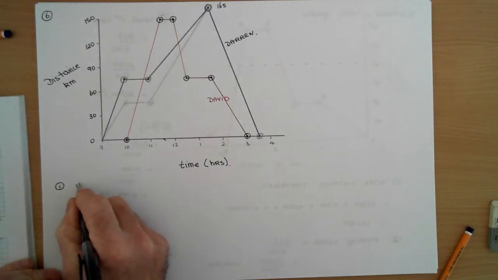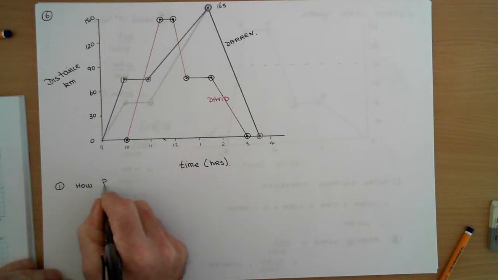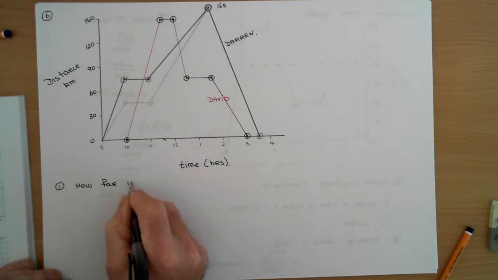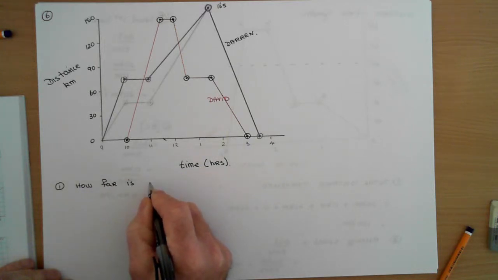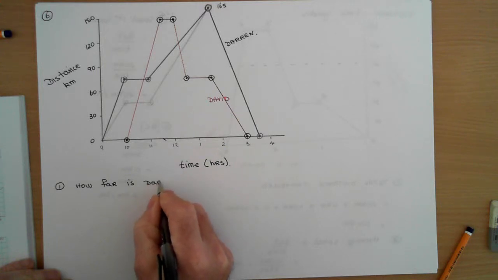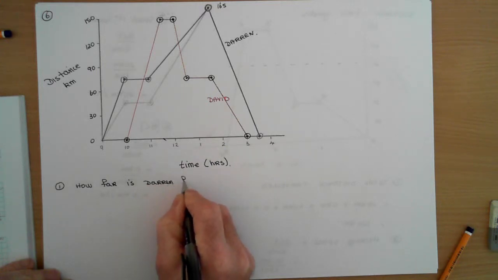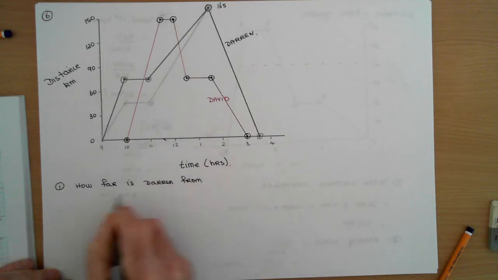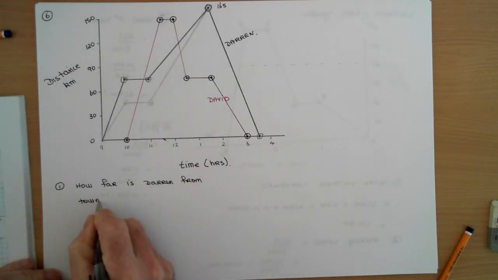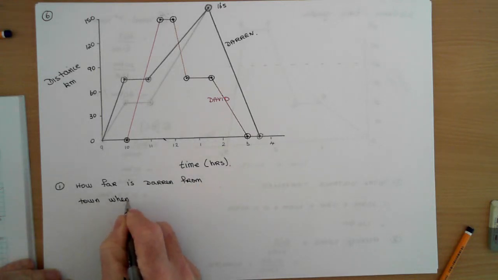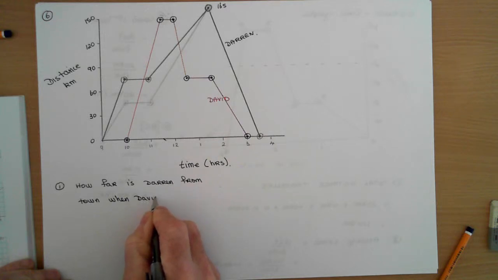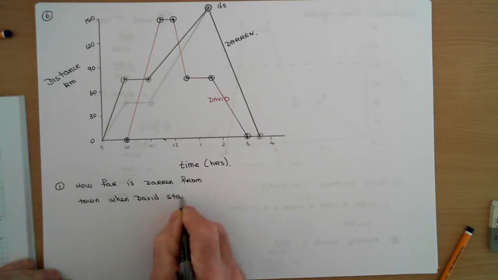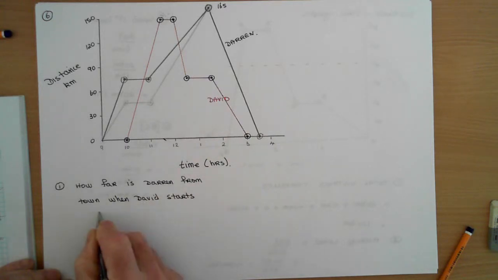The question should say, how far is Darren from the town when David starts his journey?